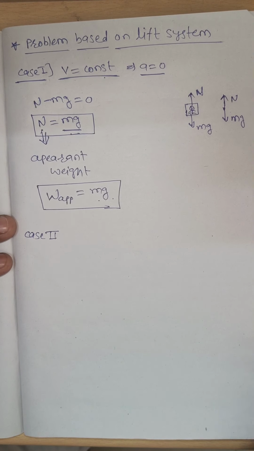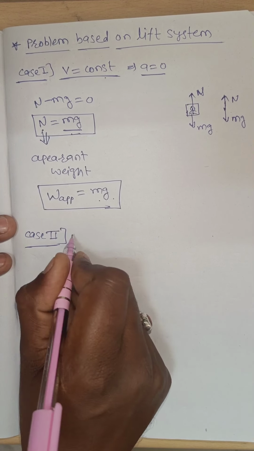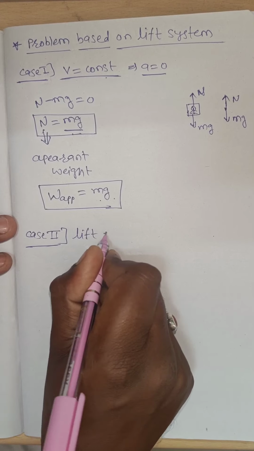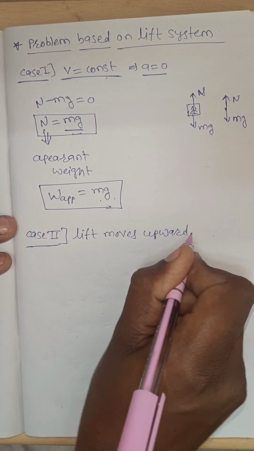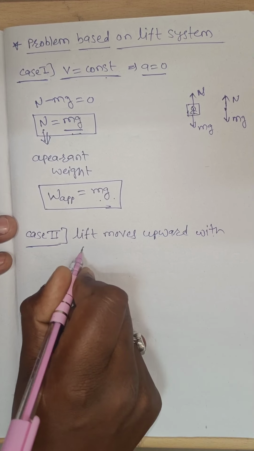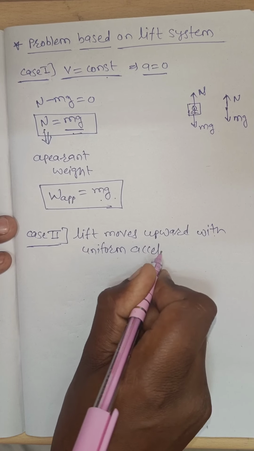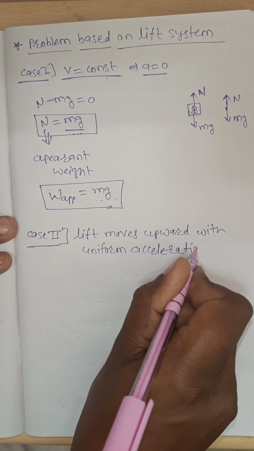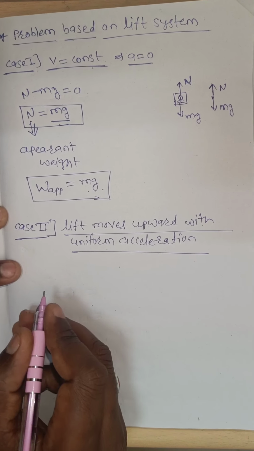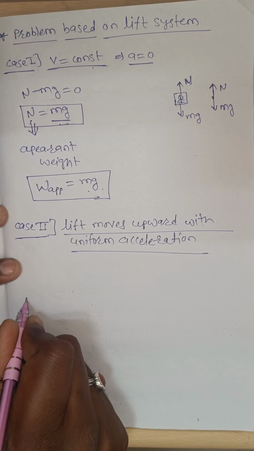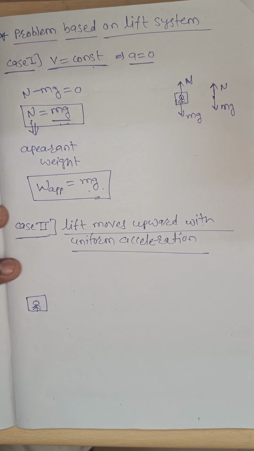Now the second case is a lift moving in an upward direction with some uniform acceleration. The lift moves upward with uniform acceleration. Now this is the lift, and inside that lift one person is sitting.